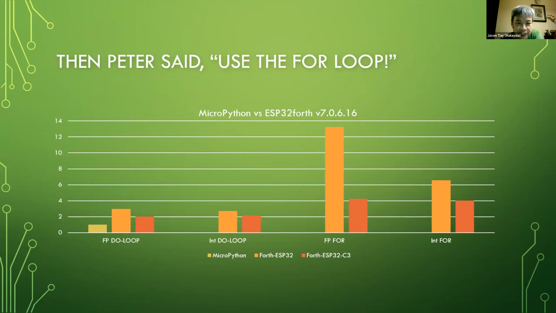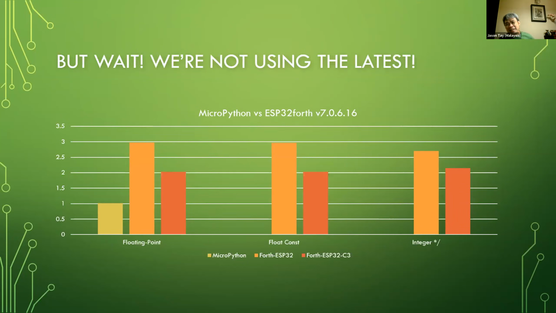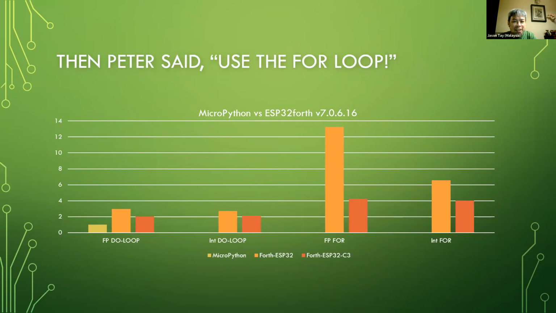So everyone can rejoice. And then, as if that wasn't enough, Peter said, you should use the for loop. So I went back and tried that again, and get ready to be even more flabbergasted.